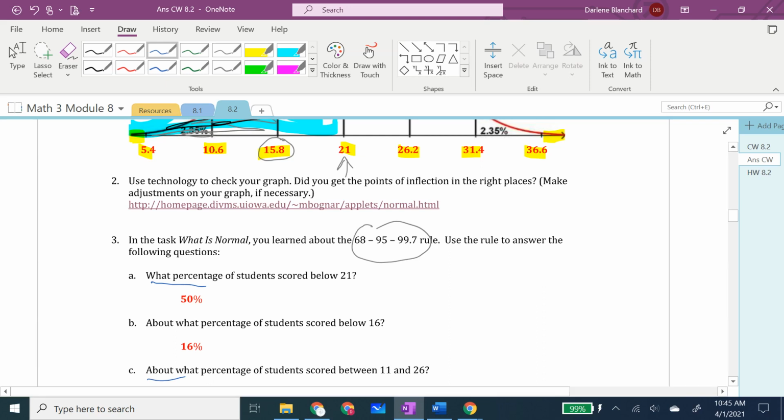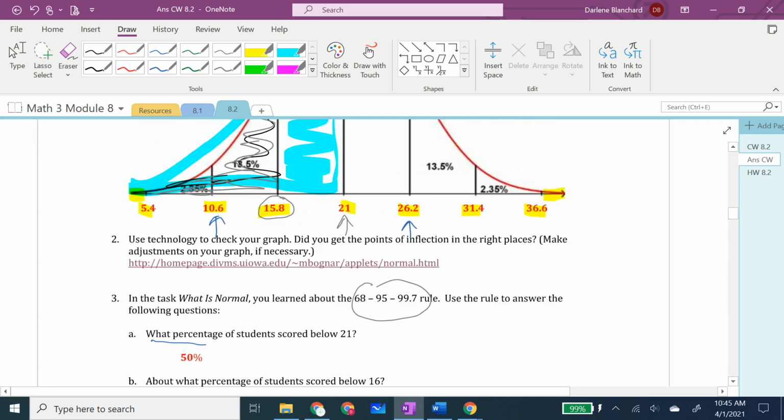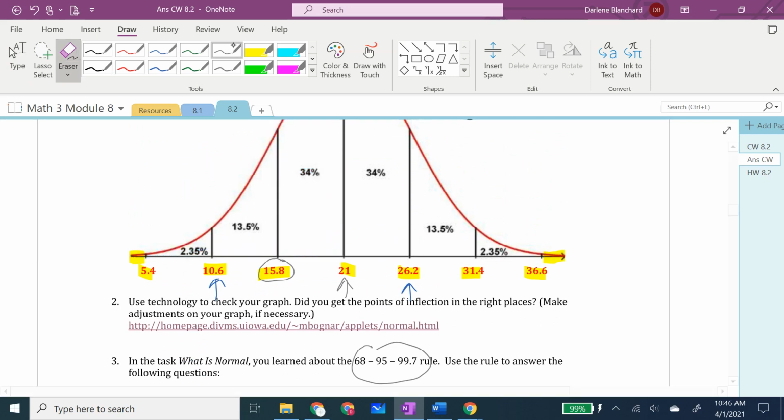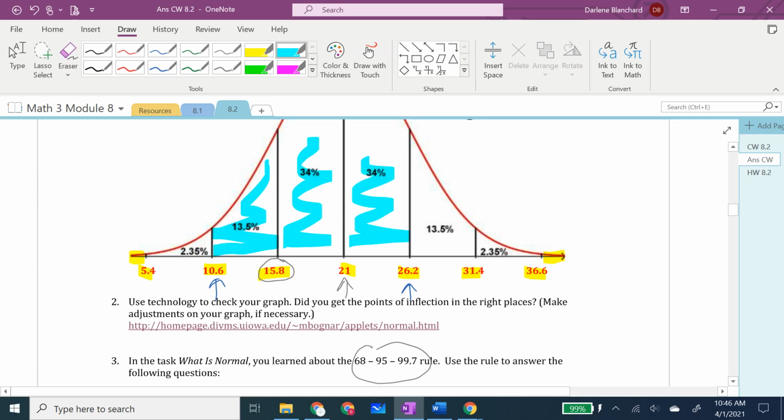So between 11 and 26, you're looking at 13.5% plus 34% plus 34%, and that's it.